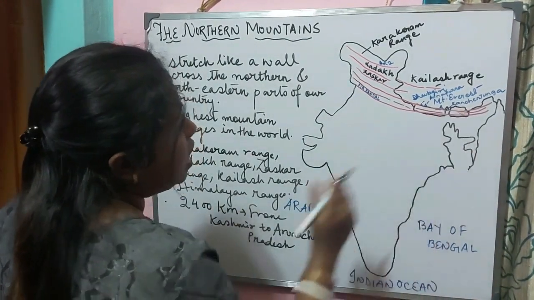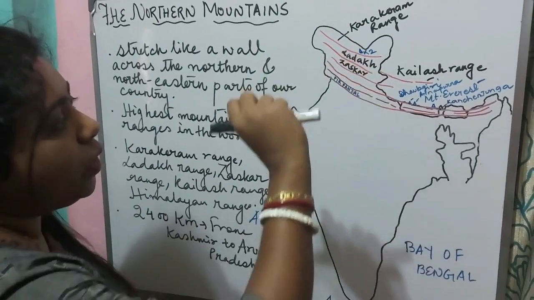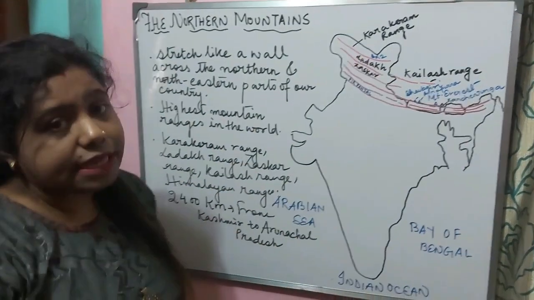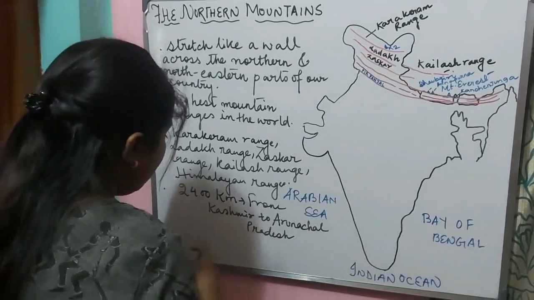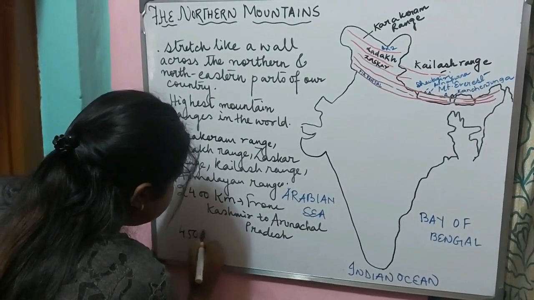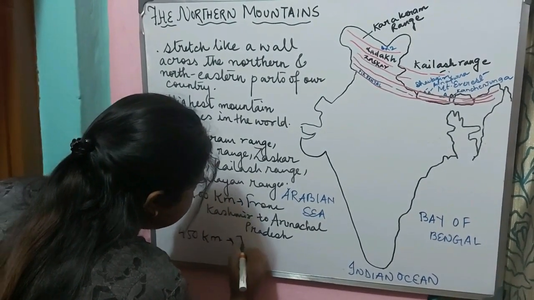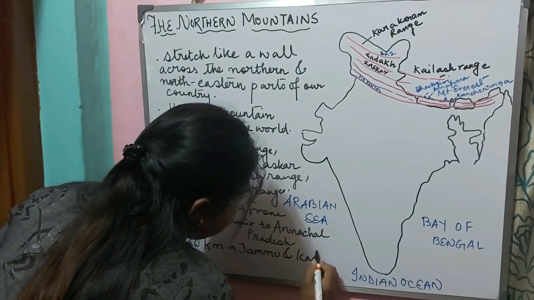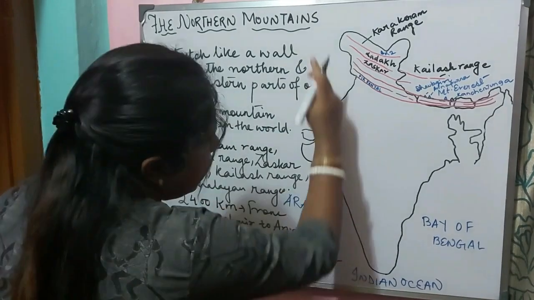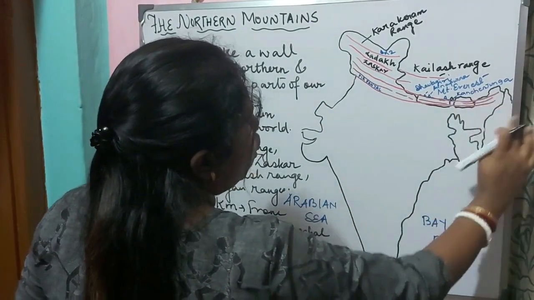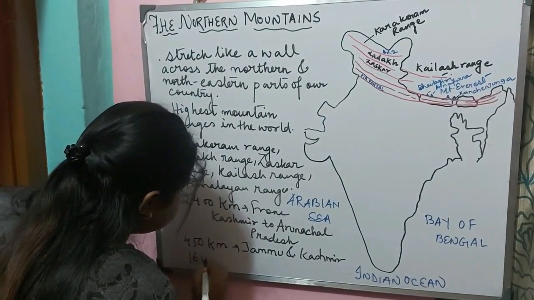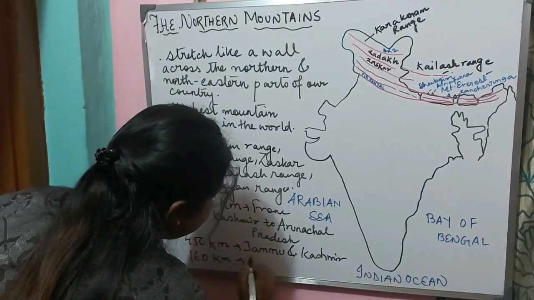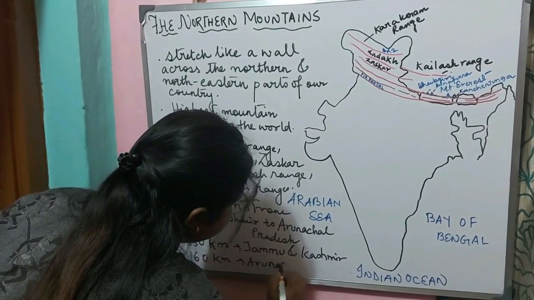So this is the length. Now, what is the width? Width means how wide the Himalaya is. It is 450 kilometers wide in the Jammu Kashmir region, and as it narrows down to the northeast, it is 160 kilometers in Arunachal Pradesh.